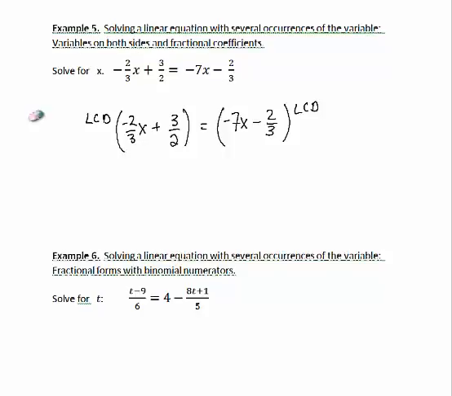So go back and write a 6 multiplying both sides. So we distribute this 6.